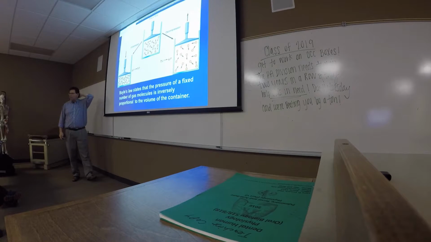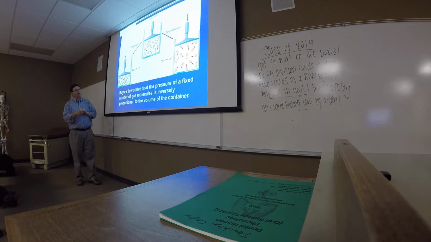You had this in physics at some point. When you talk about an enclosed space, if you have a certain amount of gas and you increase the volume, you're going to decrease the pressure of the gas in that space. And it goes the other direction too. If you decrease the volume, you're going to increase the pressure.